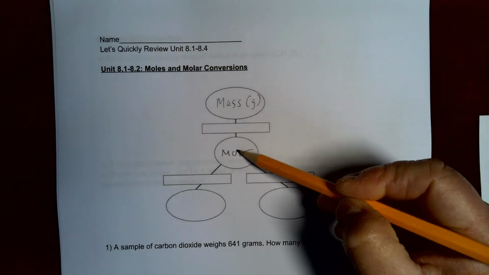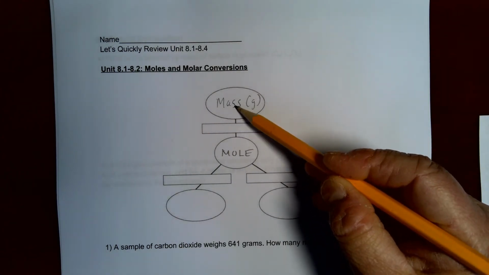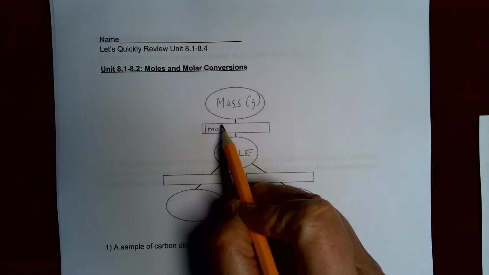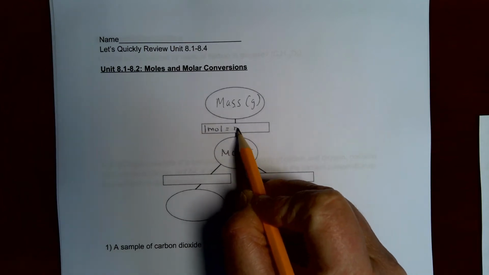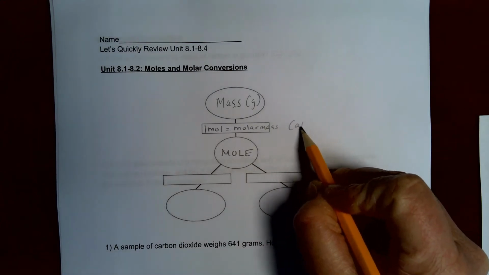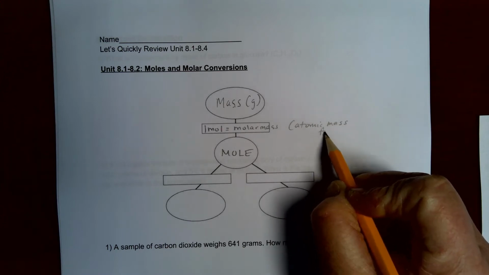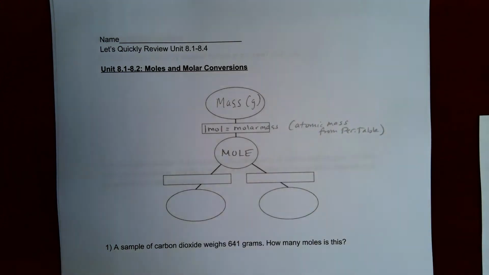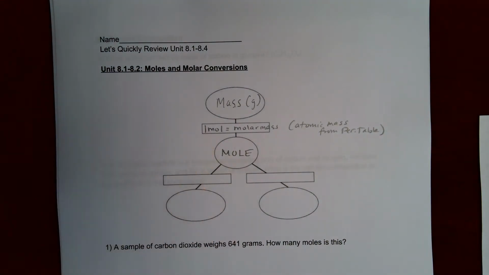And if you are trying to convert a number that is in moles into mass, what you will need to use in your conversion fraction is the equality that 1 mole is equal to the molar mass. And of course, the molar mass is just the atomic mass from the periodic table. And we'll talk about how that is set up in the conversion fractions momentarily.